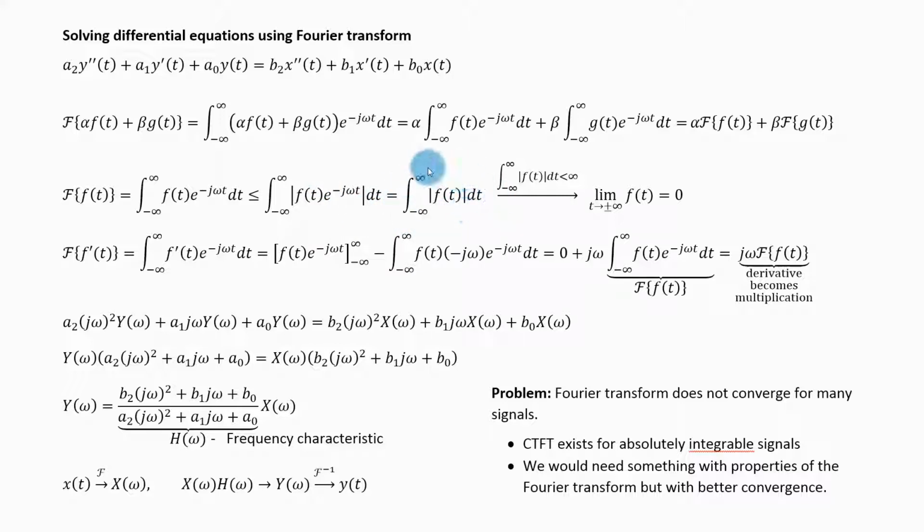If this integral exists, and it is finite, it is actually a sufficient condition for the existence of the Fourier transform. Moreover, if this integral exists and it is finite, that also means that this function must have zero limit for time going to plus minus infinity. If this limit was not zero, this integral would not converge. So the Fourier transform exists mostly for signals that start and finish at zero.